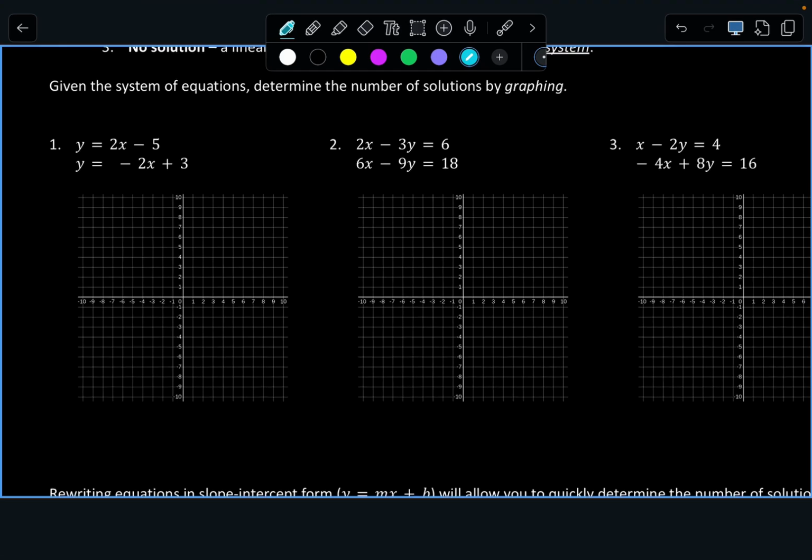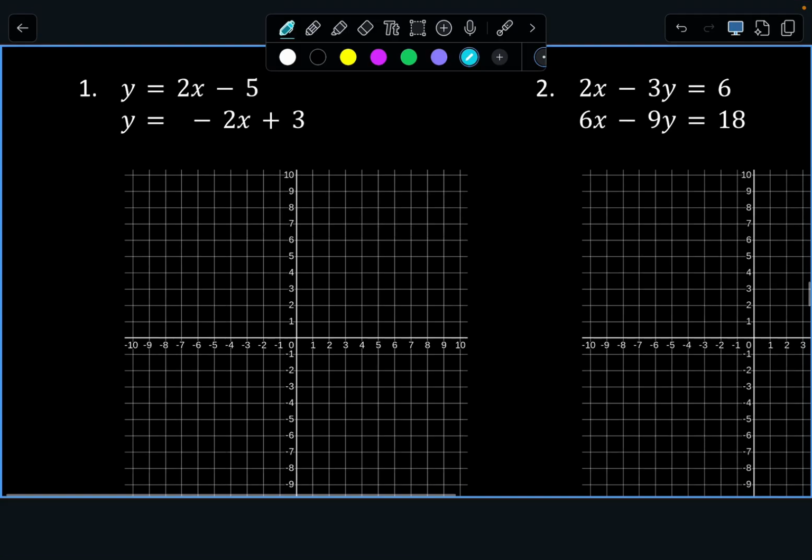So for number 1, again practicing with our graphing, since it's already in y equals mx plus b, meaning y is alone, we're going to start with our y-intercept. Our y-intercept is -5, so we're going to start by putting a dot down 5 on our y-axis.